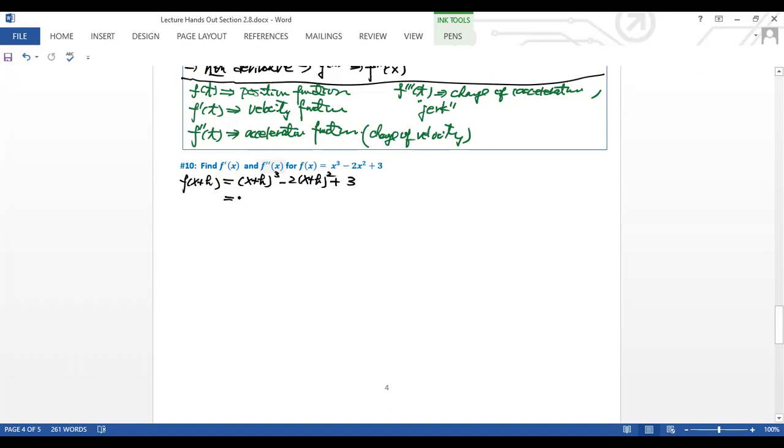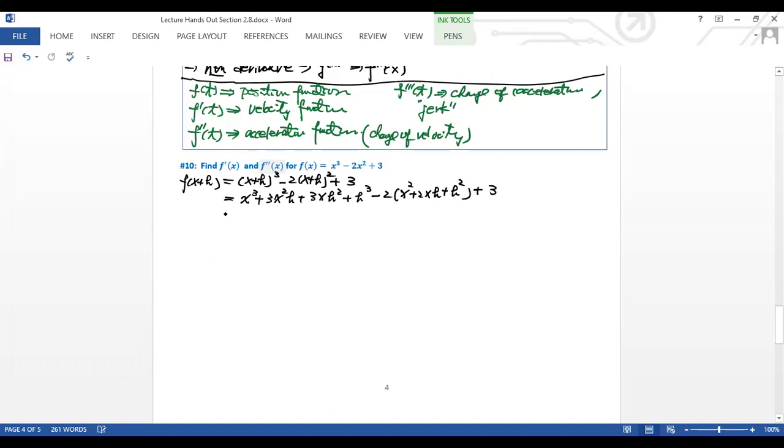Okay, so now what do we do? FOIL it, right? So it's x cubed plus 3x squared h plus 3xh squared plus h cubed, and then minus 2 times x squared plus 2xh plus h squared, plus 3, right?